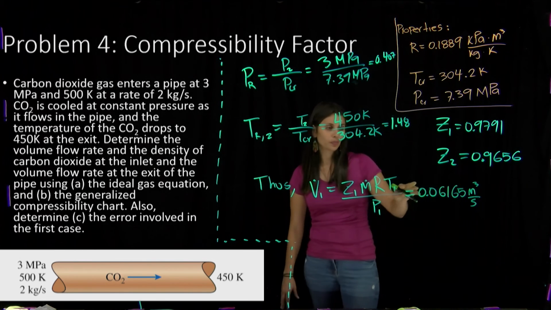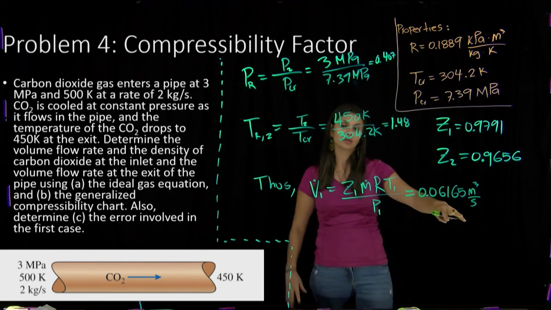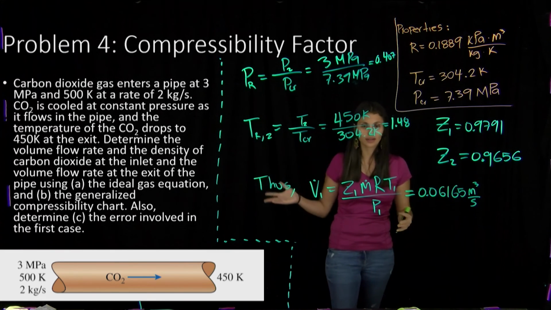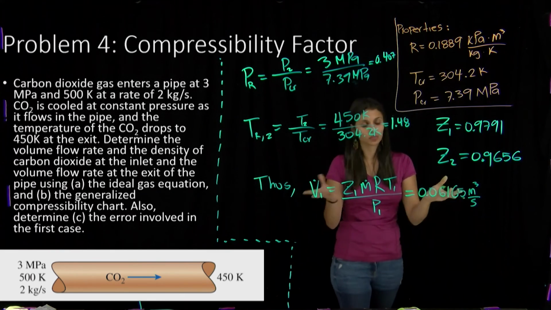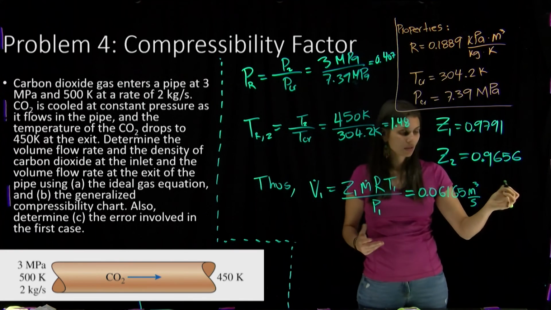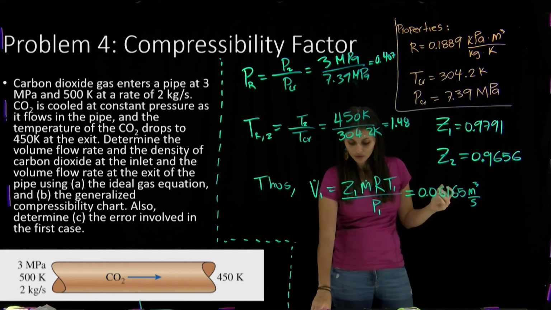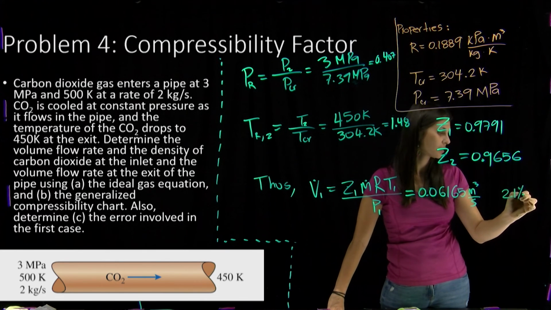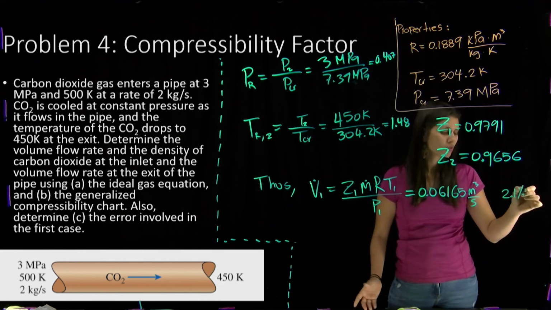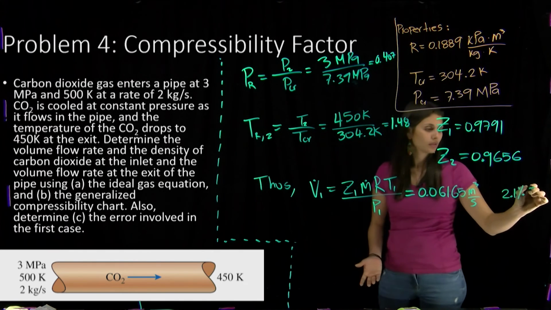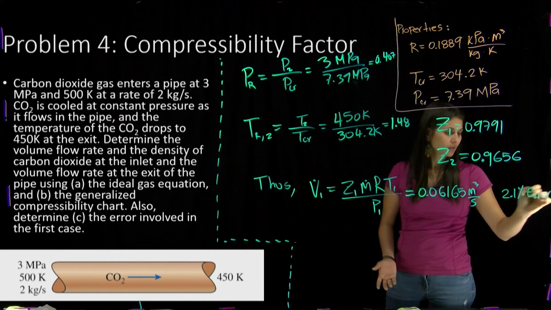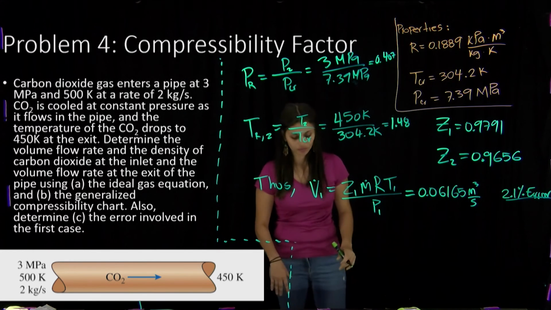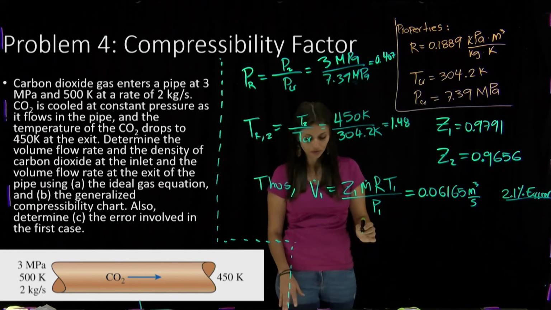And if you compare this result with the result that we got by using the ideal gas equation, you can see that there's an error of about 2.1% when you use the ideal gas equation with respect to this approach.